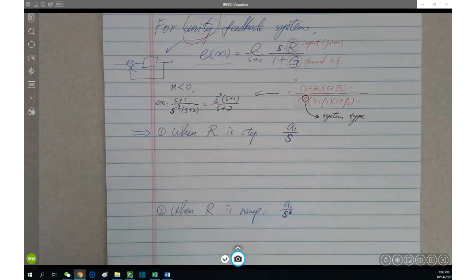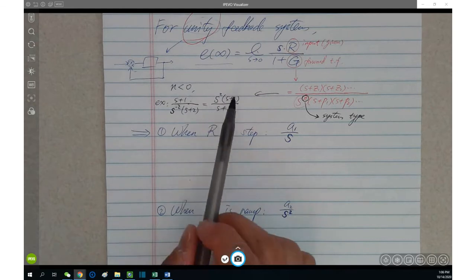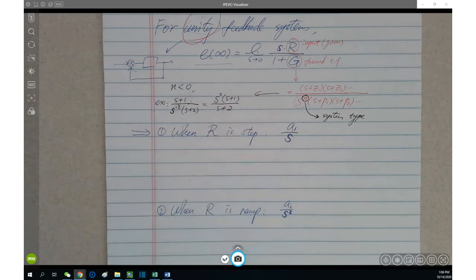They're equivalent. Does it make sense? So here, this system is what? System type negative 2, right? Mathematically, it exists. This is how you understand negative n. Does it make sense? Any questions so far?